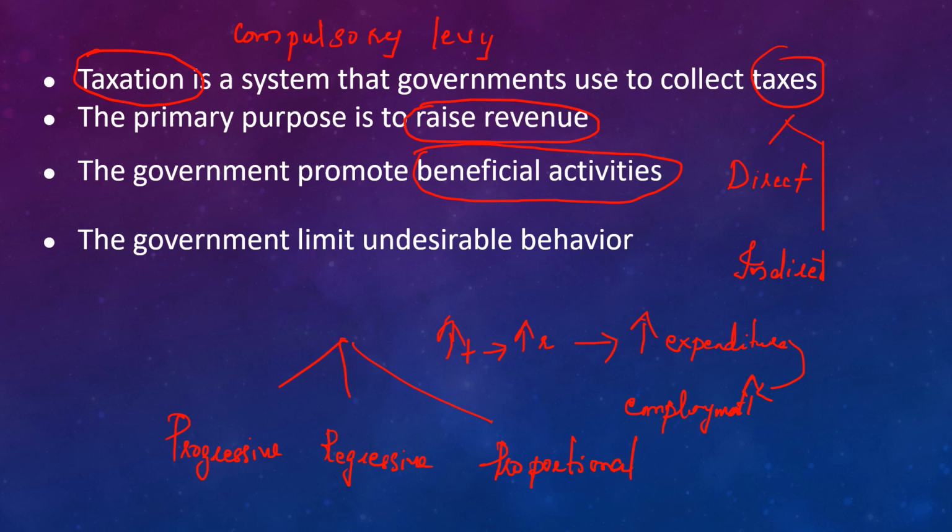Next, the government will be limiting undesirable behavior with tax. How does the government limit undesirable behavior with tax? Let's say that the government is taxing liquor. It will be increasing the price of the liquor, isn't it? So whenever the price of the liquor increases, as per the law of demand, this will be reducing the consumption of liquor.